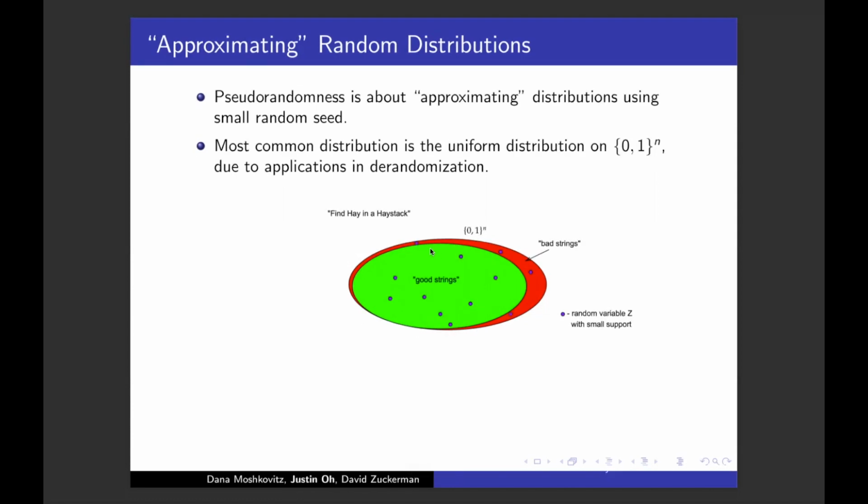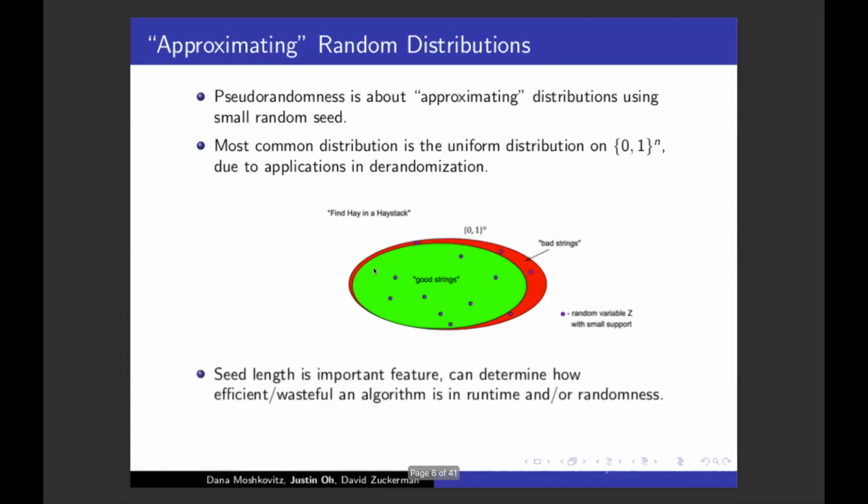The point is that if you have some random variable z with a small support that's, say, well scattered in some sense among this space of 0, 1 to the n, then this random variable will also hit this set of good strings very often, and therefore you can use the randomized algorithm or what have you with a very efficient seed length, with a very efficient use of randomness.